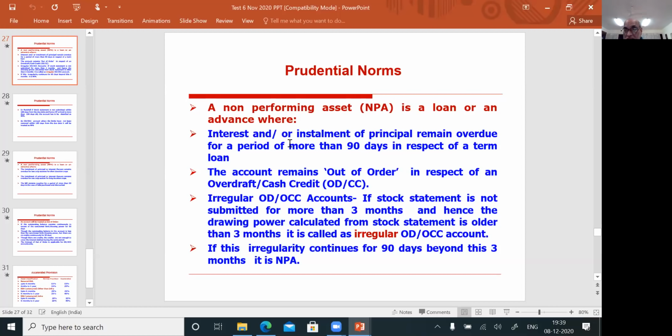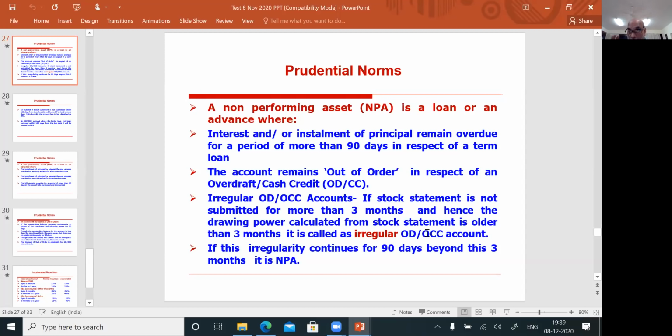Okay, so you see the next last point. Again, I repeat for your information: irregular OD/OCC accounts are those where the stock statement is not submitted for more than 3 months, and hence the drawing power calculated from the stock statement is older than 3 months. If they ask the question, what is an irregular OD/OCC, they will give all the options.